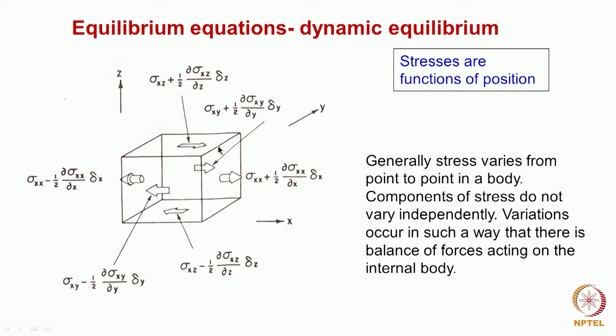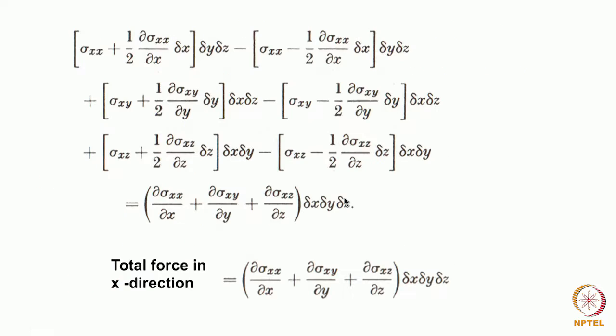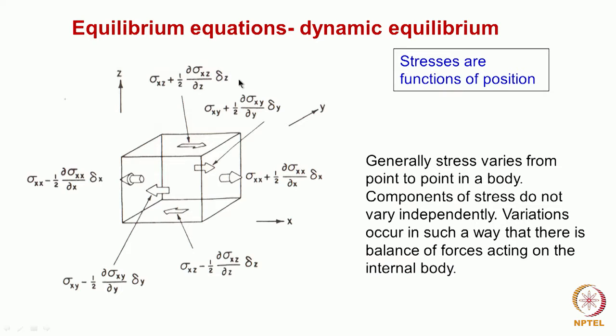What is the area of this surface? It is this into delta y into delta z, the area over which it is acting, right? Because this is the x direction, this is y and this is z.